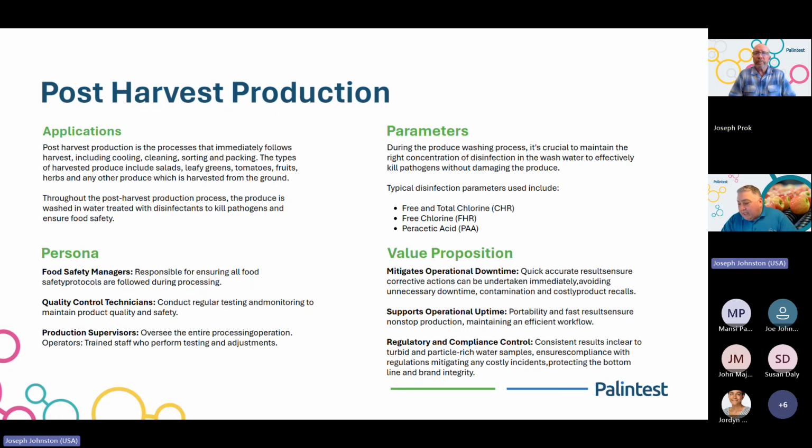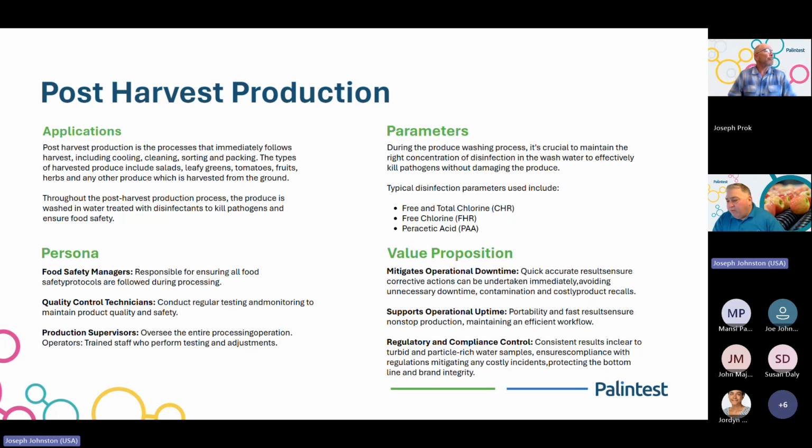The Chemio mitigates operational downtime by providing a quick and easy, and as Joe had mentioned, a non-subjective form of testing. And this is important not only for the operators on the floor itself, but for those production managers that Joe had spoken about.